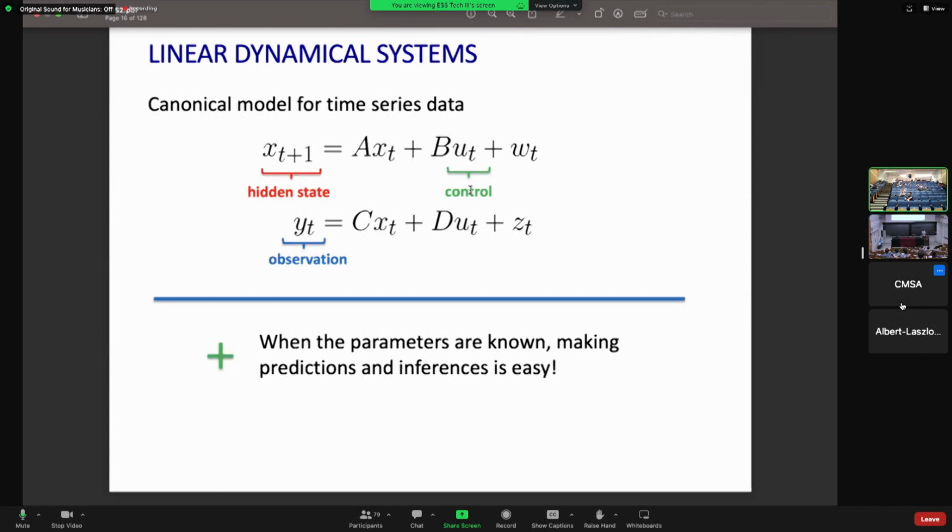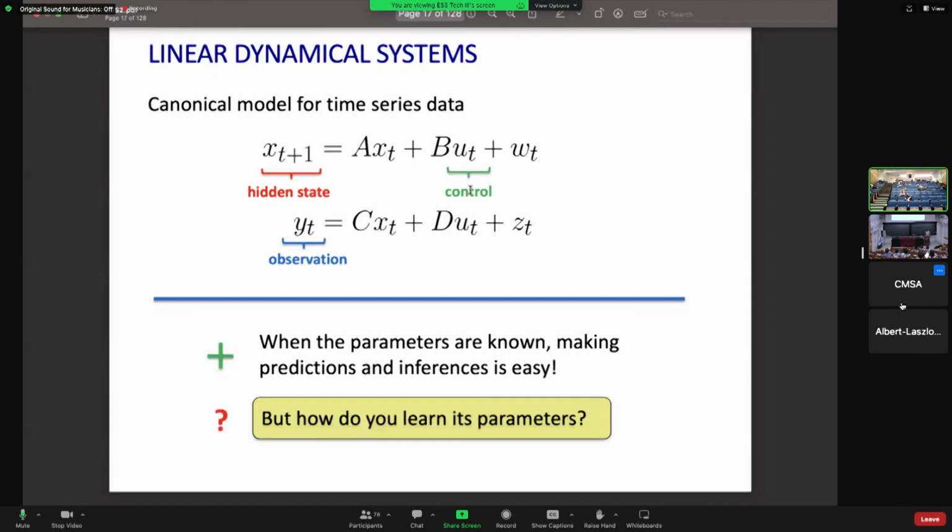That's what happens with the space shuttle: I know the underlying model, and I'm given noisy observations, and I'd like to compute the posterior distribution on what the hidden state is, so that I can estimate the trajectory. So the great news is that linear dynamical systems are models which are very tractable in this regard. There are polytime statistically optimal algorithms for performing optimal Bayesian inference in them. So once we have the models, we can do a lot with them.